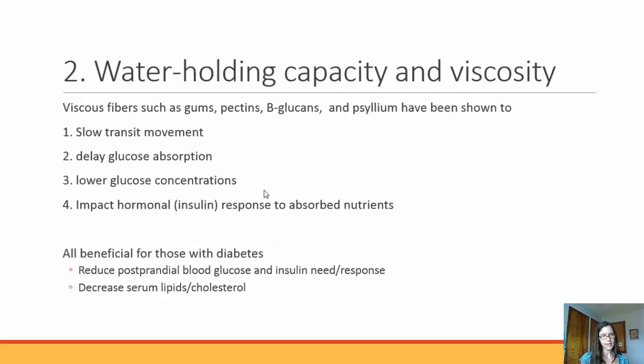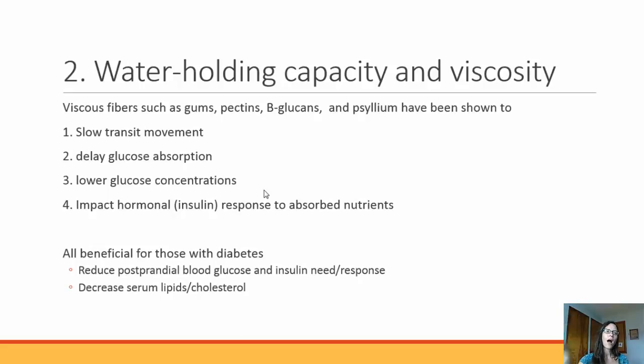Okay, and we do see that our fibers with high water holding capacity have these effects. Gums, pectins, beta glucans, and psyllium have been shown to slow transit movement, delay glucose absorption, lower glucose concentrations, and consequently impact the insulin response.